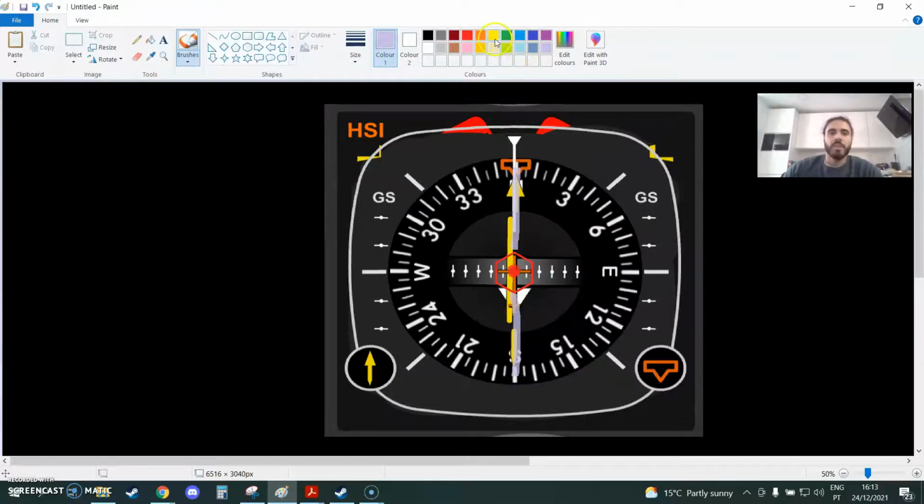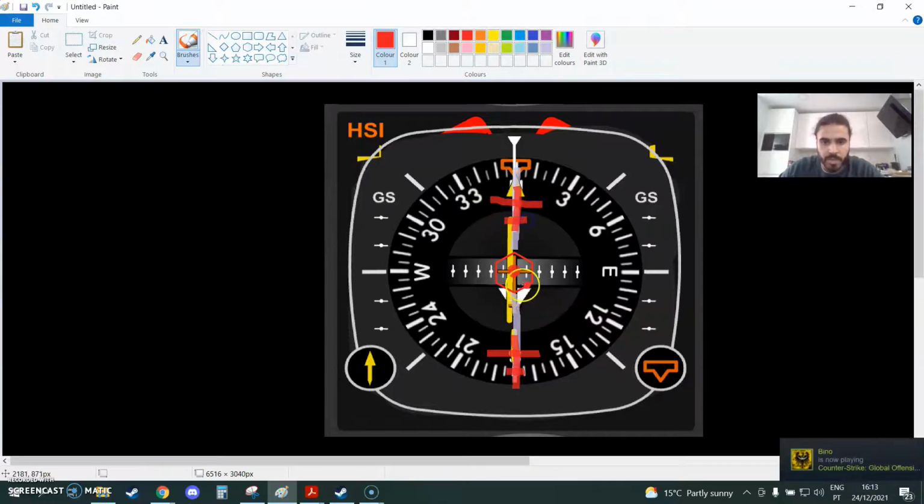Well, first thing, you know for sure that you are going in the north direction, which means I am either here or I'm here. And now is where the to and from needle takes part.